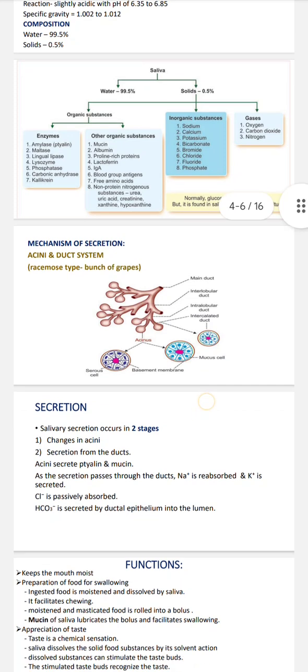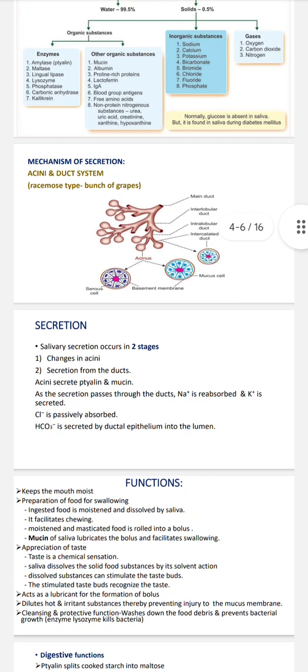The main duct gets this secretion from the acinus through the intercalated duct, and from the intercalated duct it gets drained into the intralobular duct, which is collected into the interlobular duct, and from the interlobular duct it drains into the main duct, and finally it opens into the oral cavity.